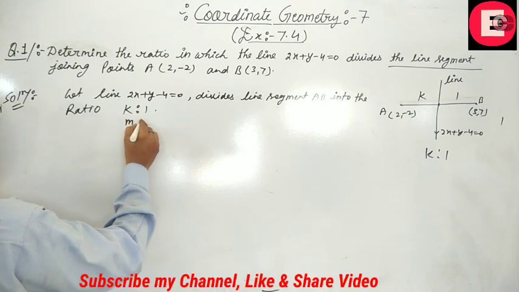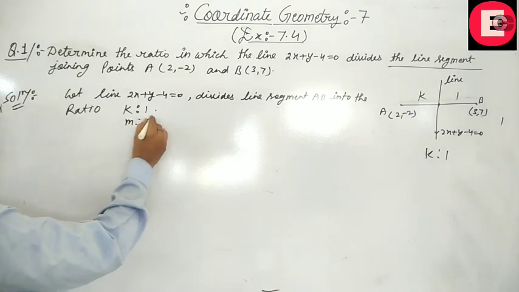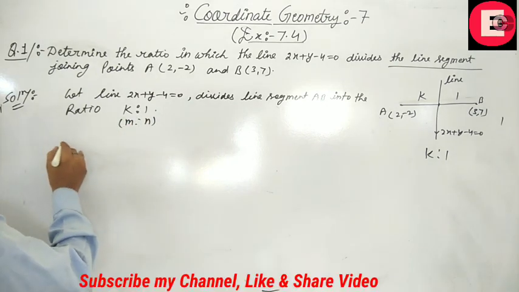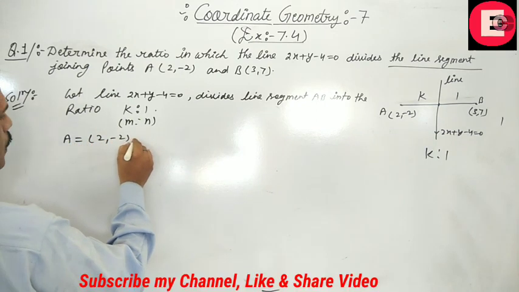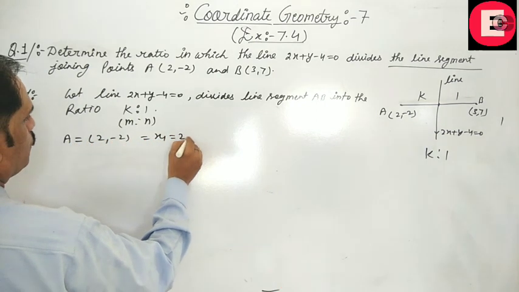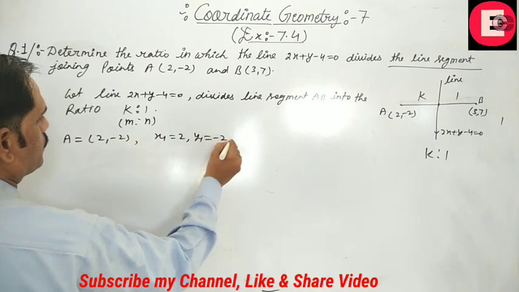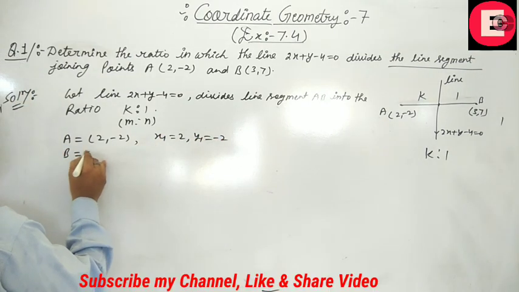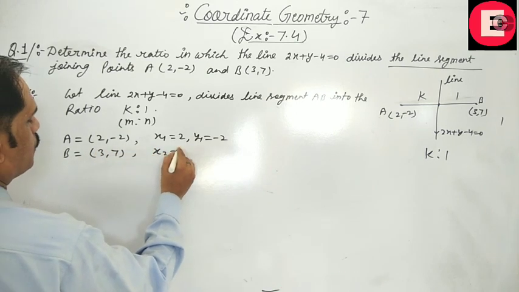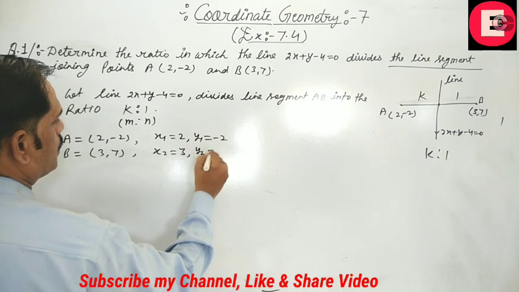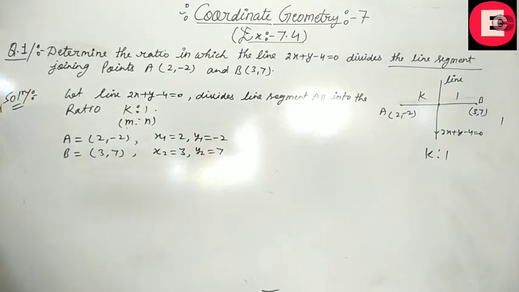Here A is (2, -2). It means x1 is equal to 2 and y1 is equal to -2. B is (3, 7). It means x2 is equal to 3 and y2 is equal to 7. Here m is equal to k and n is equal to 1.